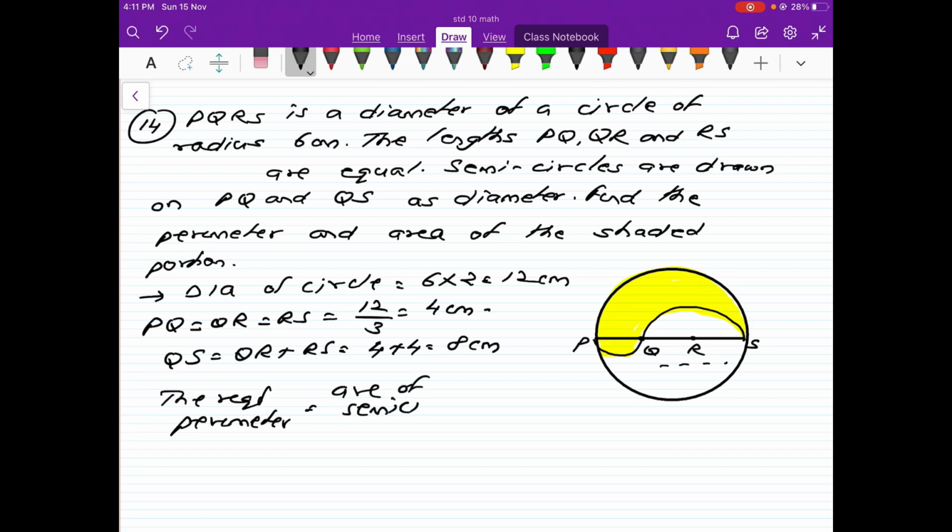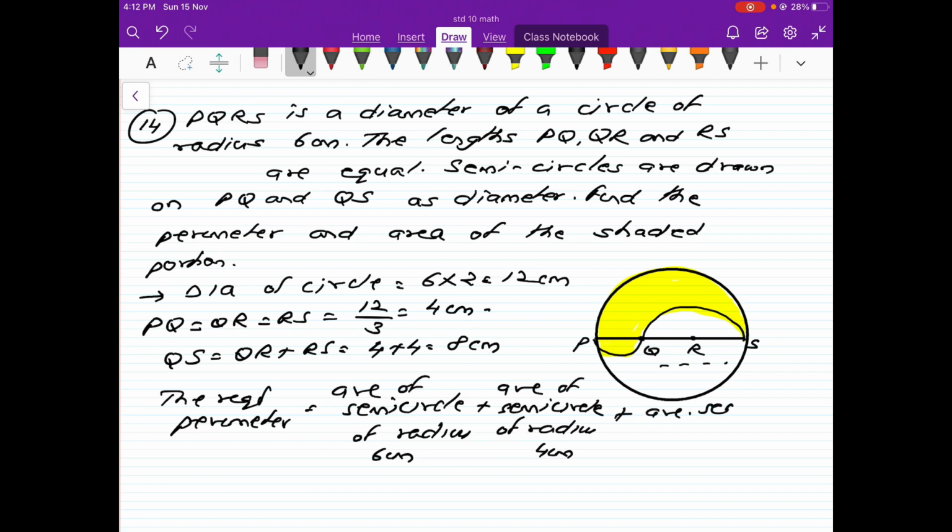Arc of a semicircle of radius 6 centimeters, plus the arc of a semicircle of radius 4 centimeters, plus the arc of a semicircle of radius 2 centimeters.